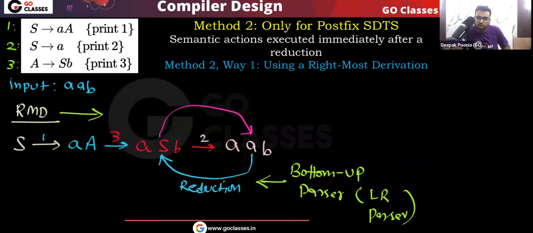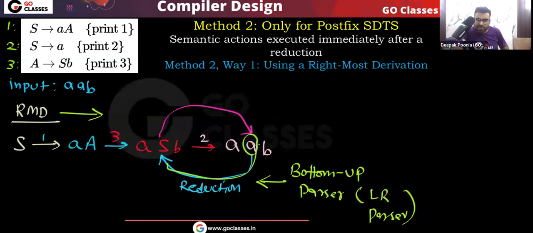And I told you how to evaluate postfix SDT. The method is very simple: semantic actions will be executed immediately after a reduction. So immediately after this reduction, which production are we reducing? We are reducing the second production, yes or no?